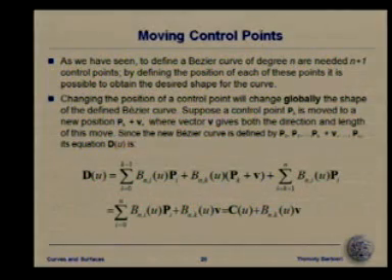Pk is the original position of the control point. v is your displacement vector, the vector that represents the movement that you performed on your control point. And then, of course, there are the other control points that you didn't change, so they stay the same as in the previous curve.